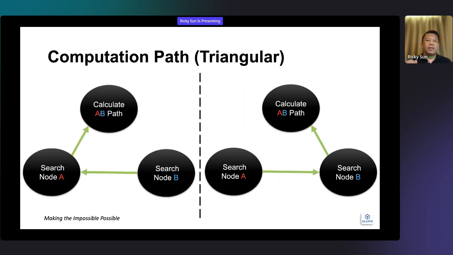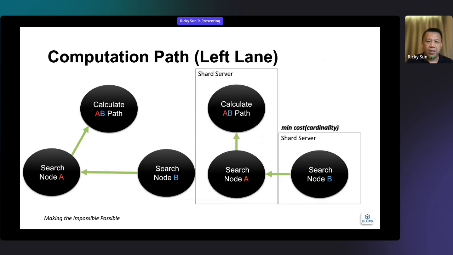Let's take a look. We're calling this the triangular model. One way to do this, or 2 ways to do this, is to search node B first, then migrate data to the instance running the search for node A, then migrate data again to somewhere else to calculate the AB path. Or of course, you can go from A to B, and then another instance will calculate the eventual AB path.